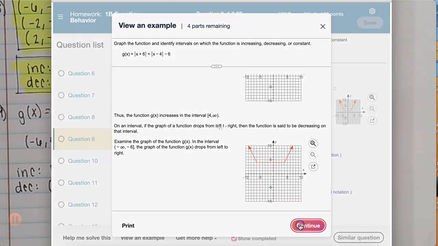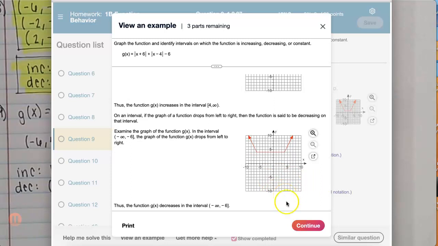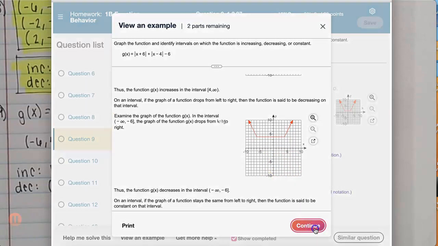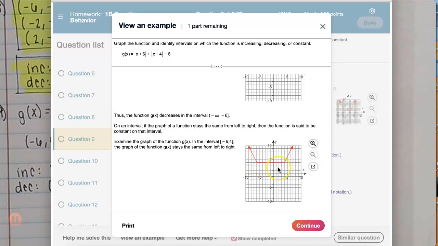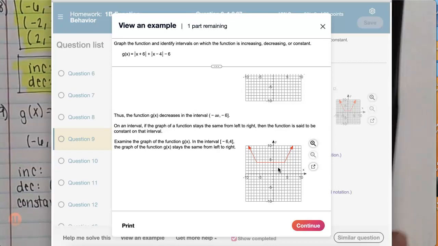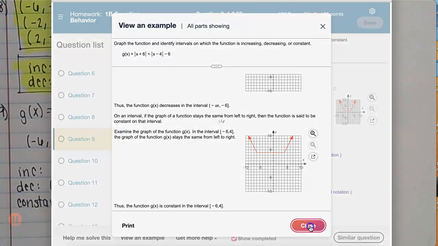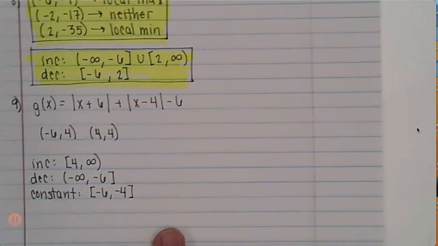And it is constant between the two. There you go.